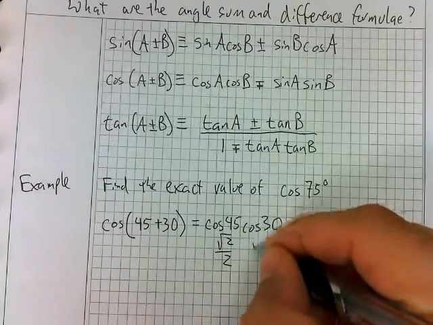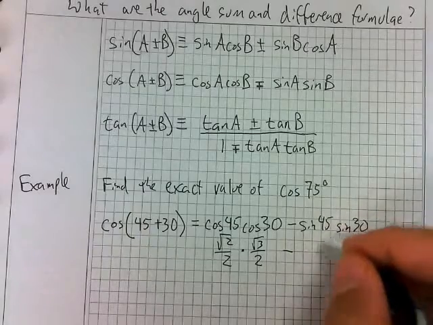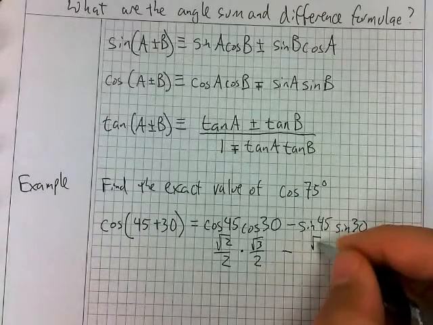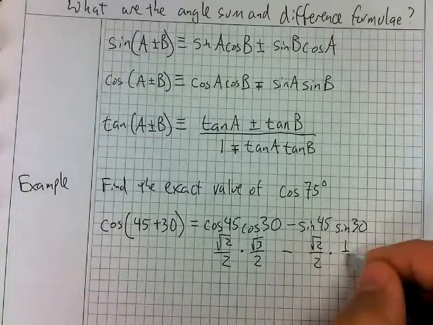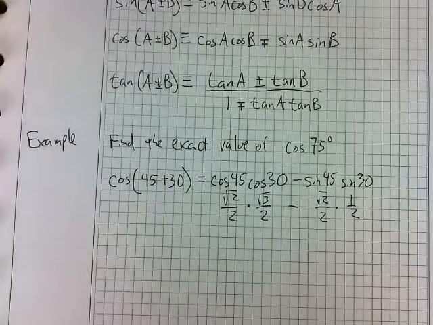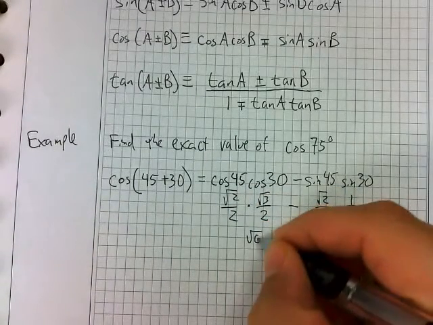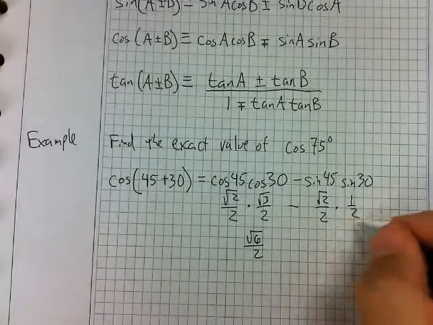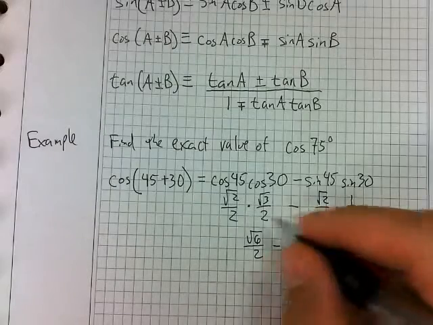Cosine 30 is root 3 over 2. Sine 45 is root 2 over 2. And sine 30 is 1/2. Then simplifying, root 3 times root 2 is root 6, over 4.